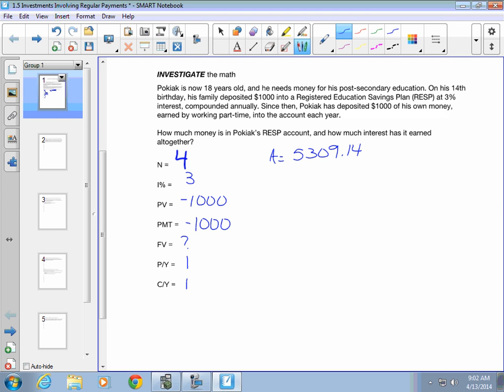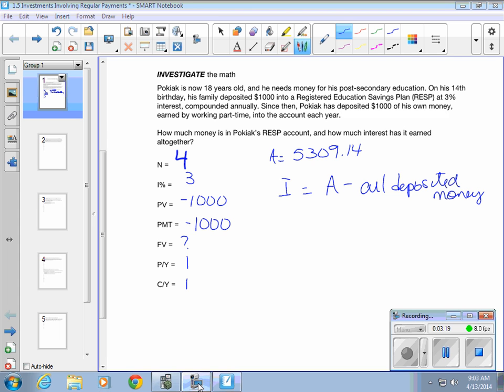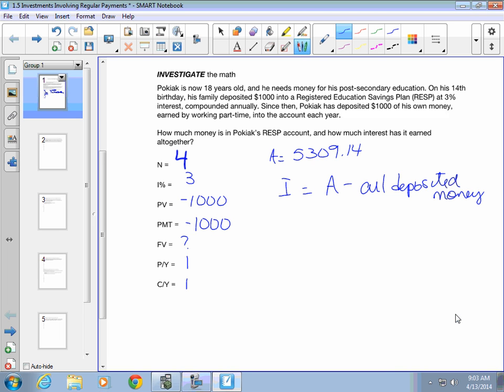This asks how much interest he has earned altogether. So our interest is going to be his future value minus all deposited money. If we look at all of his deposited money, this started at age 14.